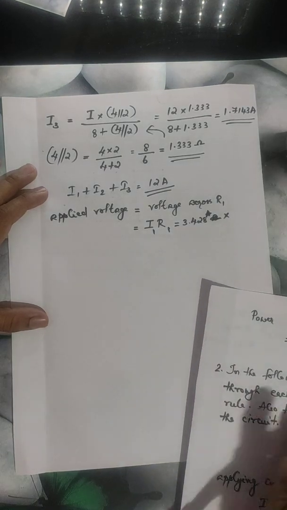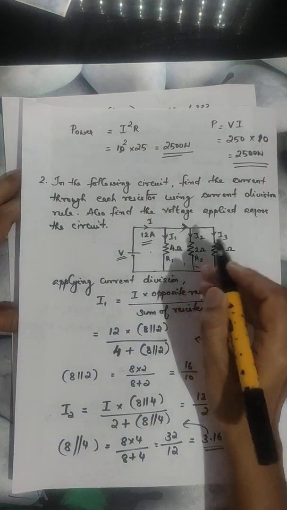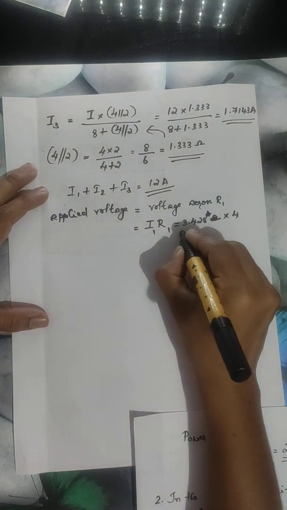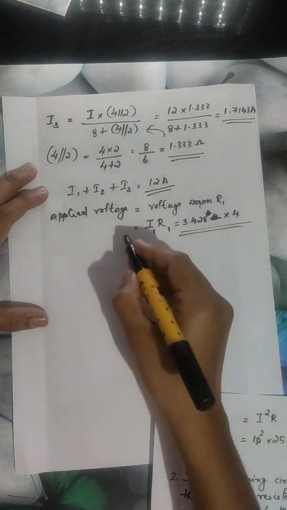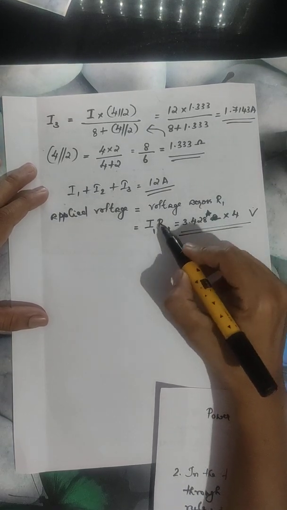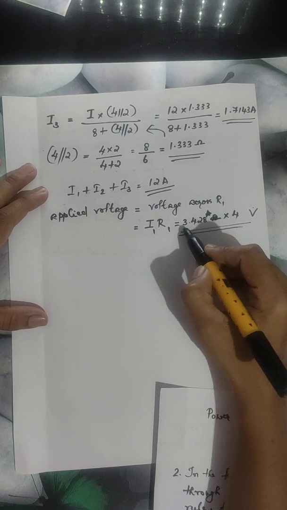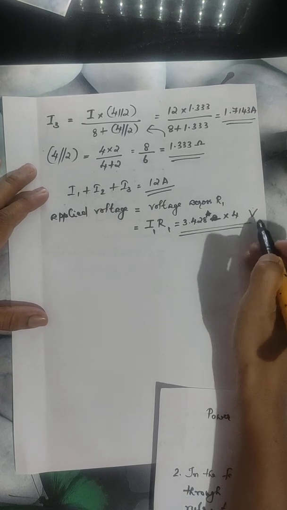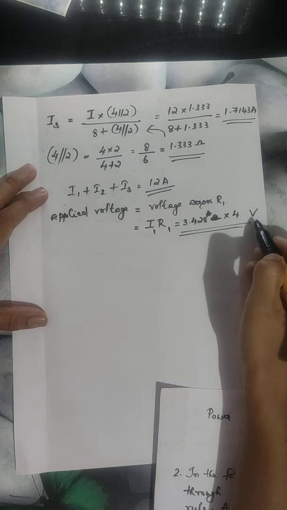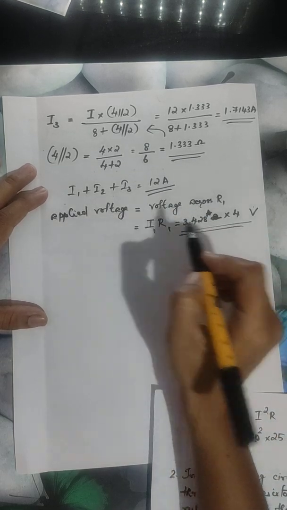Value of R1 is 4 ohm. So 3.428 into 4. So this will give the value of applied voltage V in volt. Current into resistance I1 into R1, 3.428 into 4. We will get the voltage across R1 in volt, which is the same as the applied voltage.